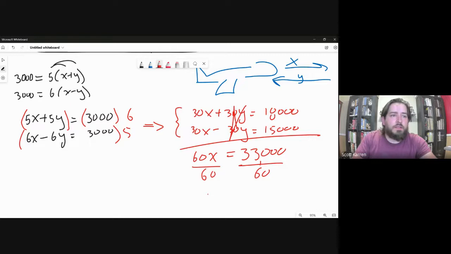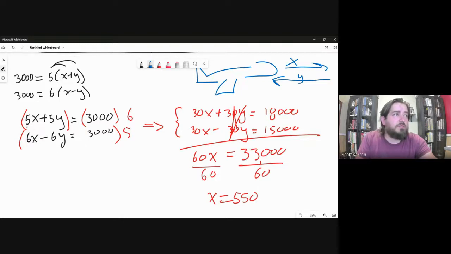So then I've got x equals, and what is that? 33,000 divided by 60 is 550. So I know x, and then I just have to plug that into one of these equations. Again, it doesn't matter.